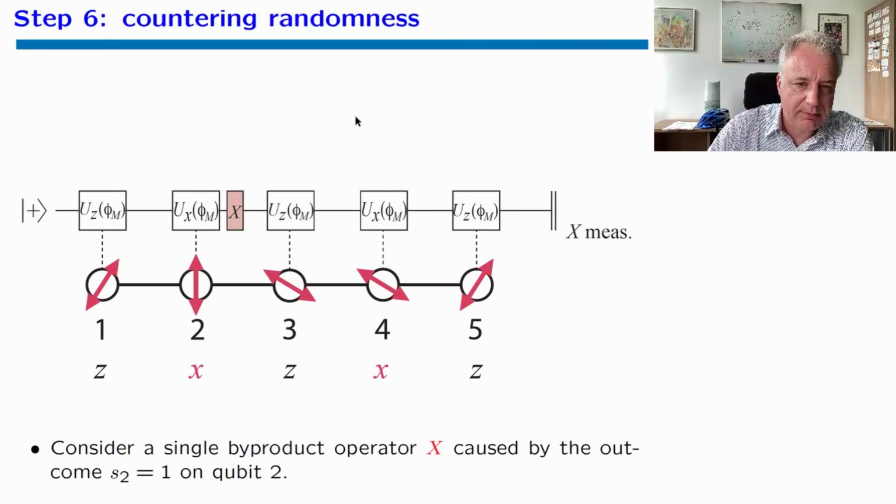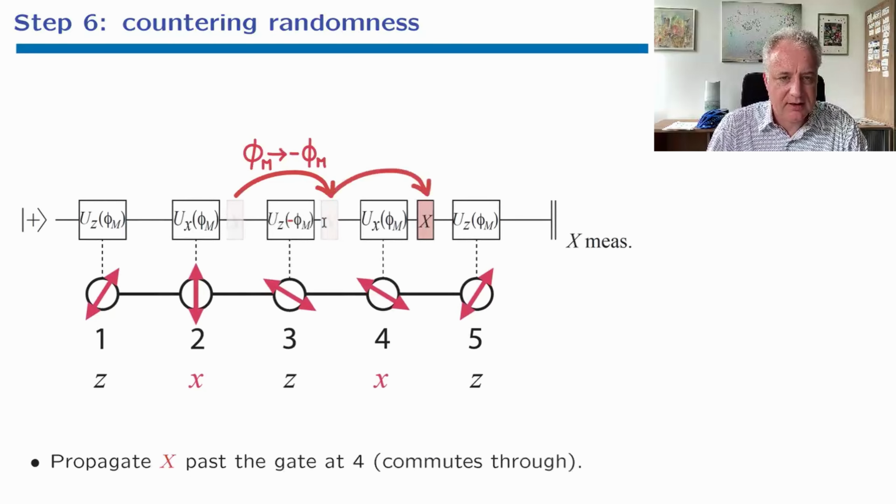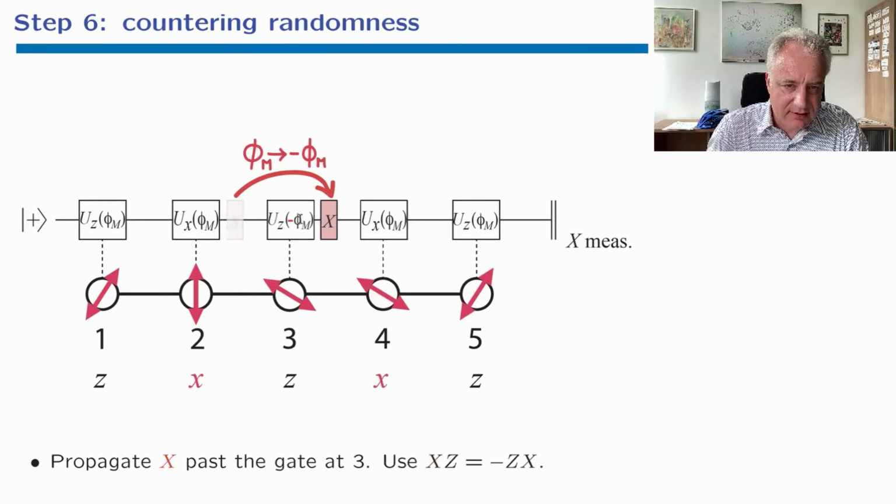So we are propagating by one step, moving this thing over here. Because of the anti-commutation of X and Z, we are conjugating this rotation under this Pauli operator. The effect is that we acquire a minus sign in the rotation angle. With this minus sign, this rotation is no longer the rotation we intended. So we will have to deal with that.